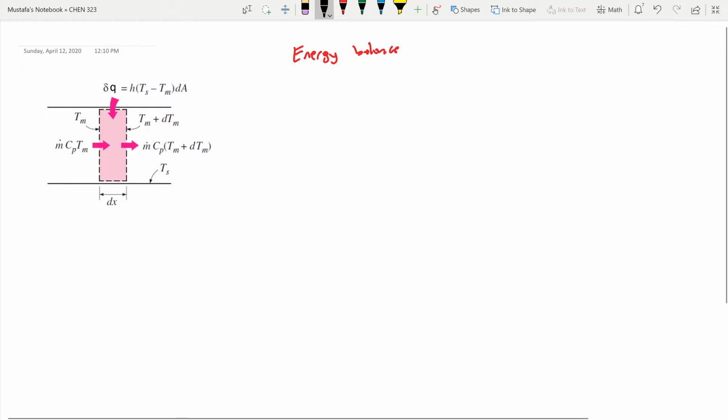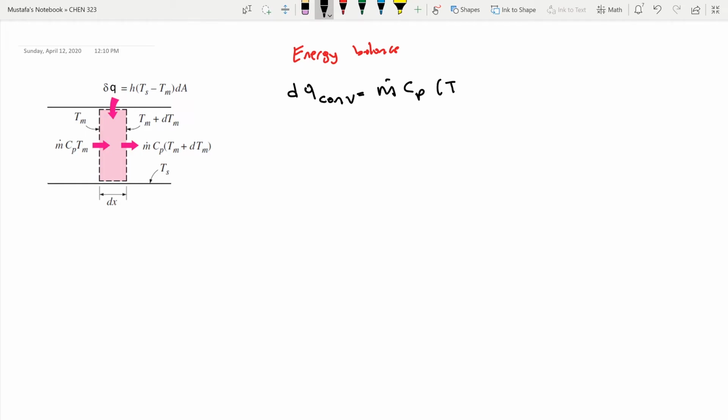So we have the convection dq convection equal to mCp times Tm out minus Tm in. So mCp delta T, the energy change in the system, is due to convective heat transfer.